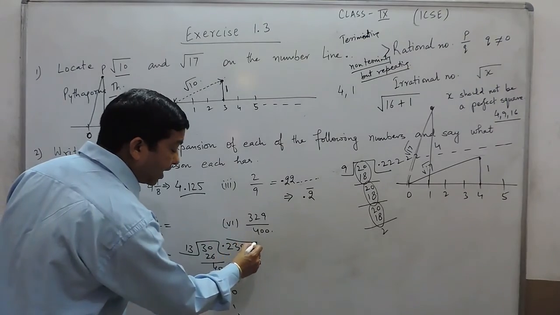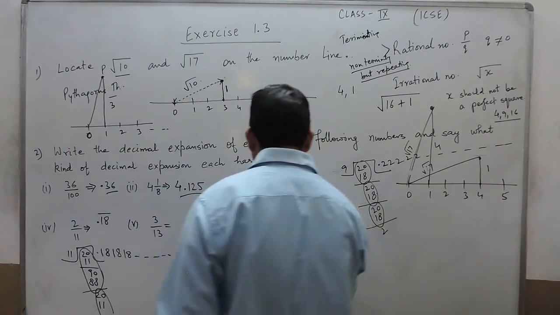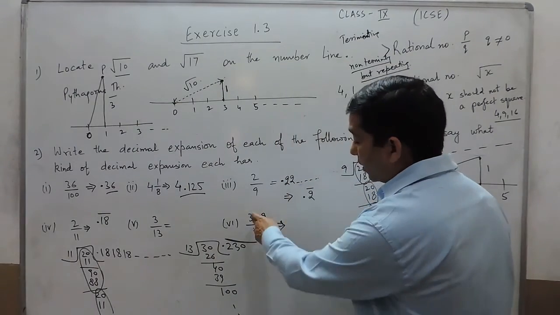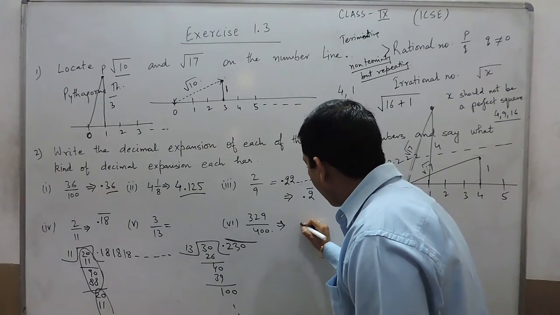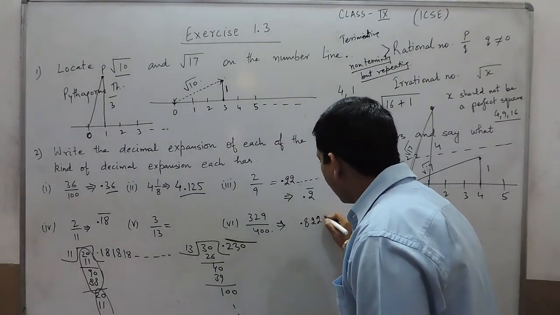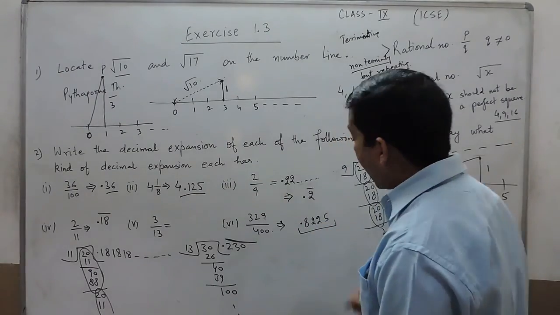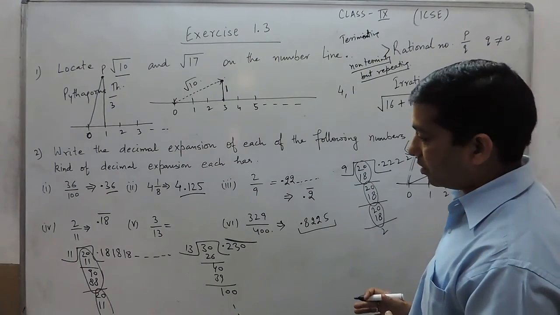I am saying that these terms will keep on repeating themselves. If I solve the last question, it is 329 upon 400. So this will come out to be 0.8225. And I am sure that this is a terminating decimal.